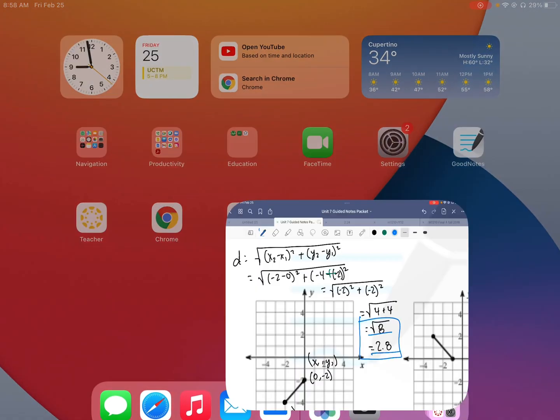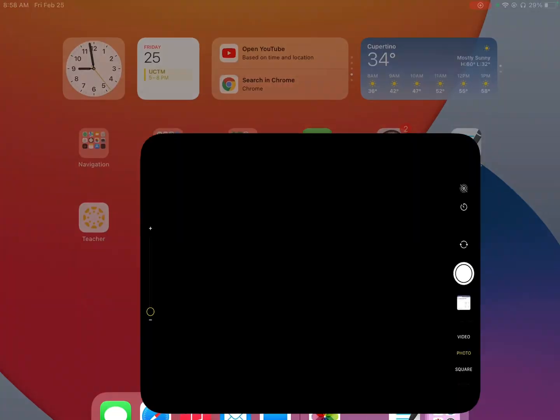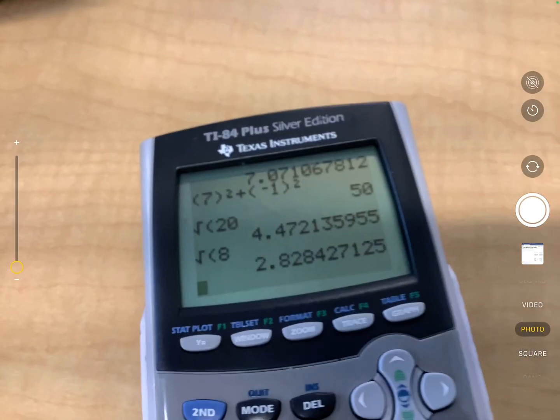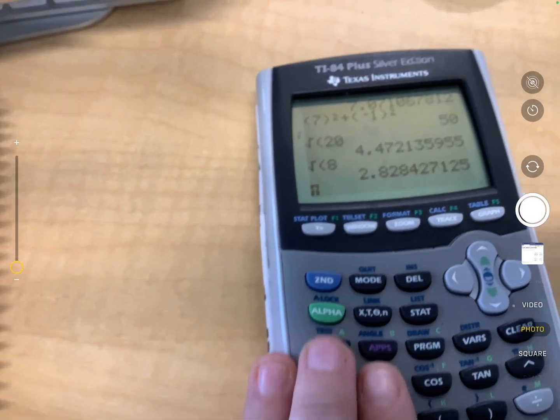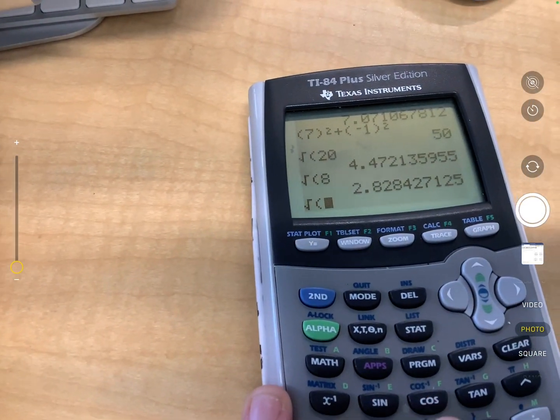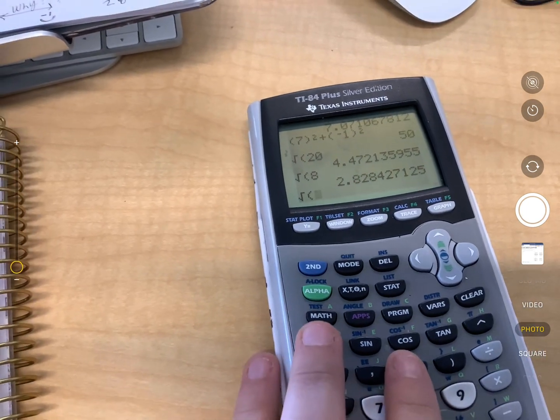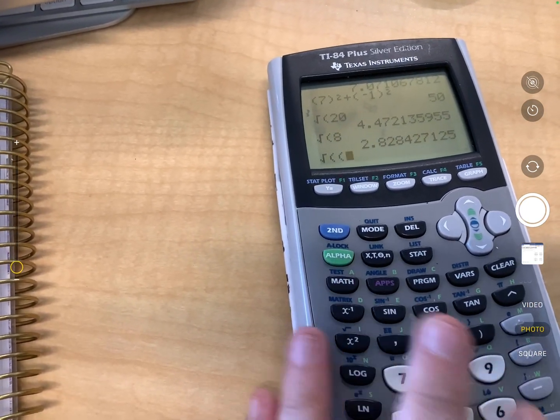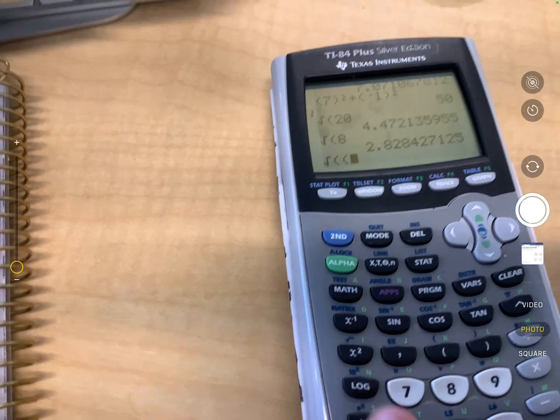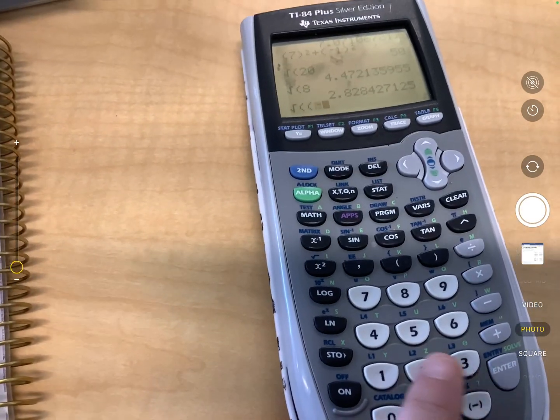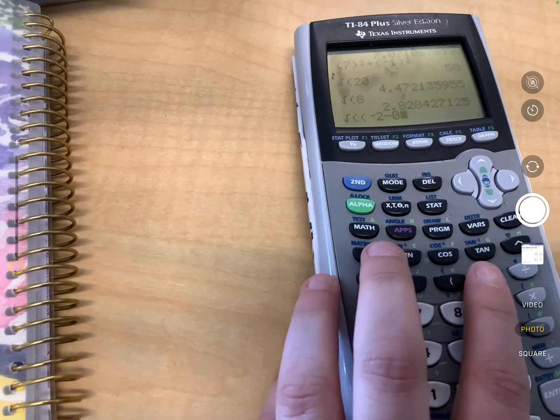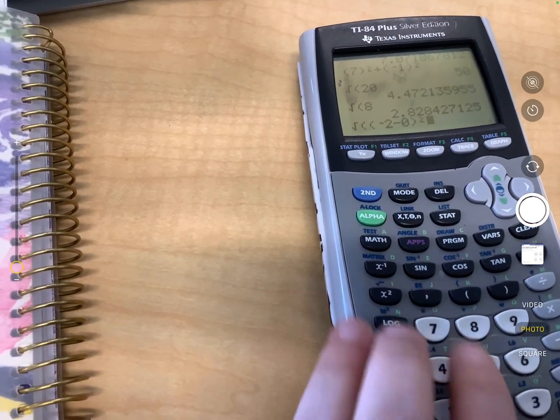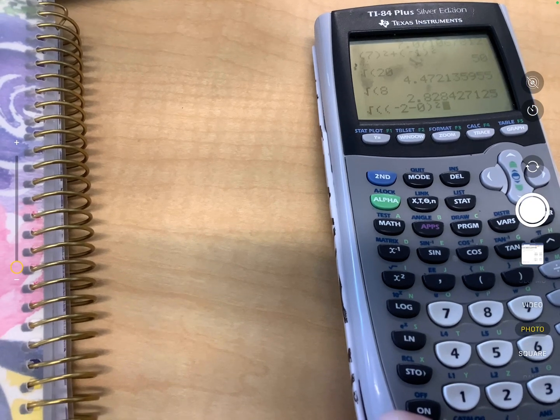So if we wanted to start from the top, we would do the square root, and then you're going to need another set of parentheses, and we did negative 2 minus 0. We're going to close that set of parentheses and square it. Okay.